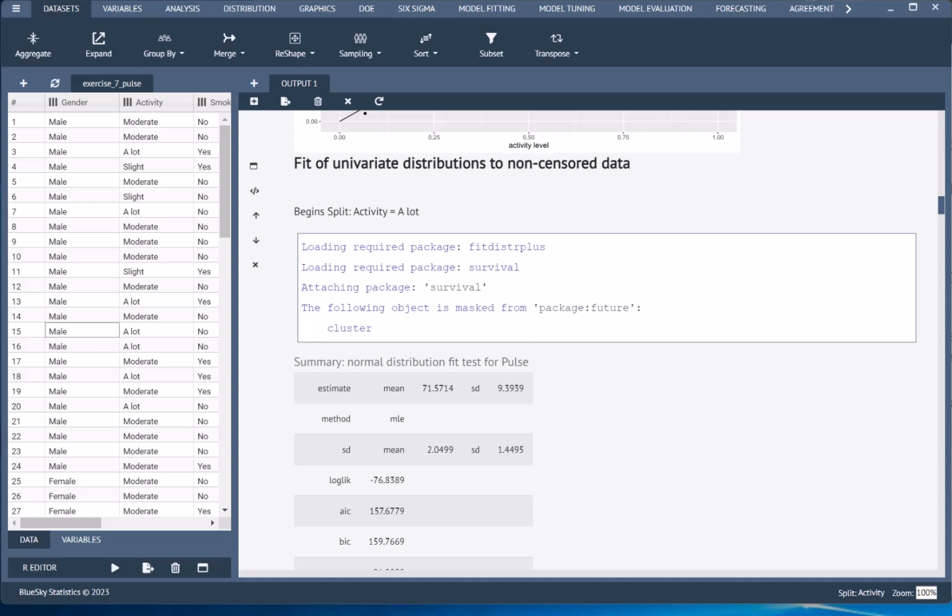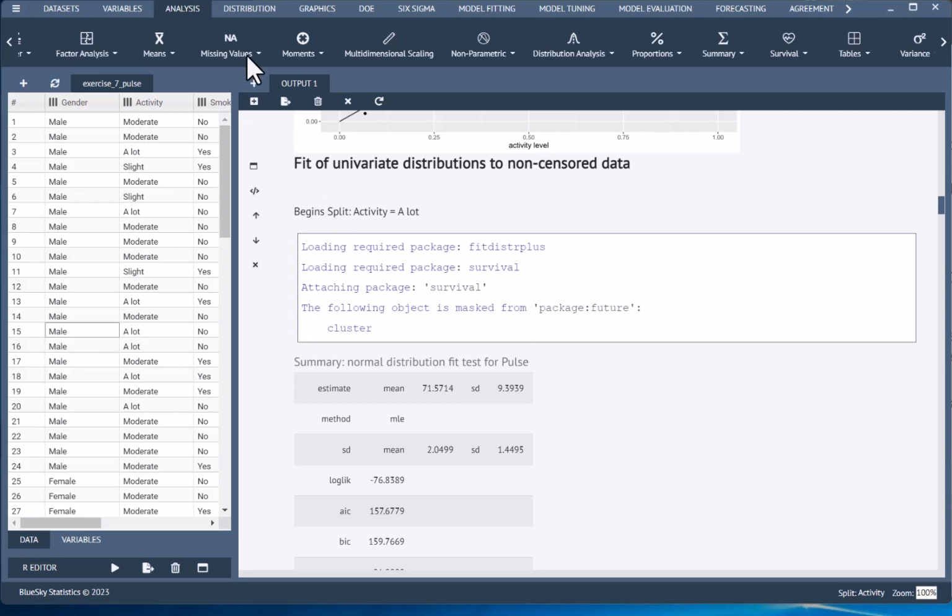But perhaps you'd like some numerical evidence that these fits are adequate. One way to do that is to fit univariate distributions to our data, and in particular to fit normal curves to our data.